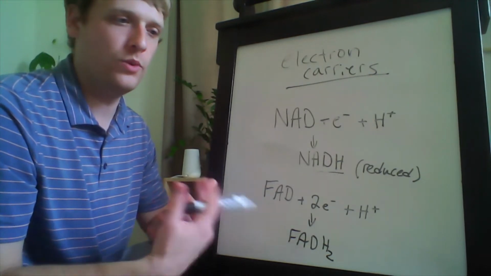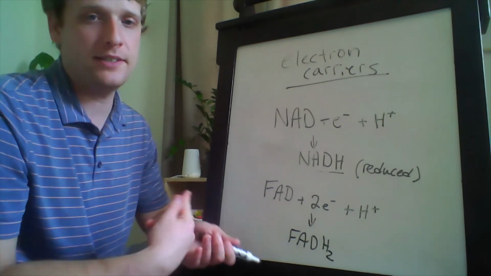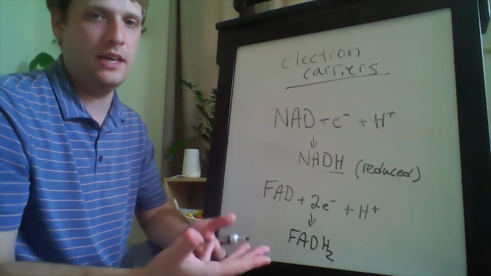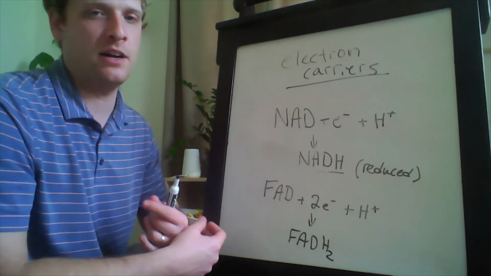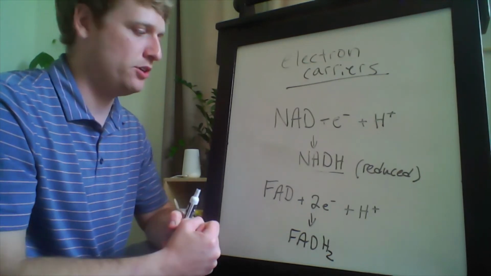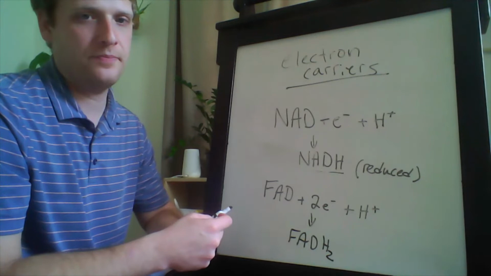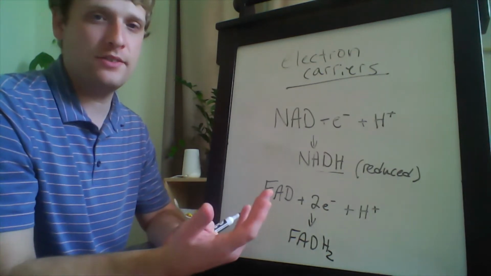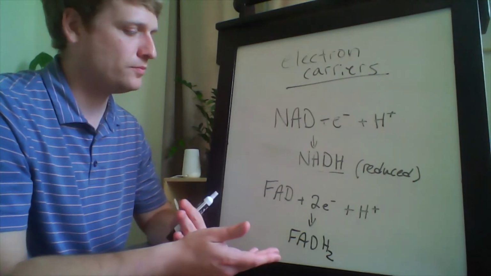And what sorts of molecules have lots of covalent bonds that can be broken? Well, things like glucose, the things that you eat, the molecules that you get in your diet. They have lots of bonds that can be broken, and those electrons can be pulled off of those molecules and transferred to these electron carriers. And in that transfer, a little bit of energy is given off.